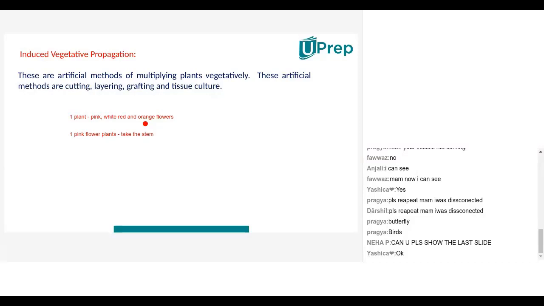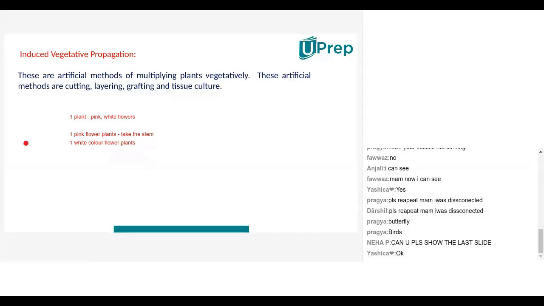Now, there is one more white color flower plant, right? Okay, here let's not confuse further. Let me just take two colors. It will be easier for you to understand.